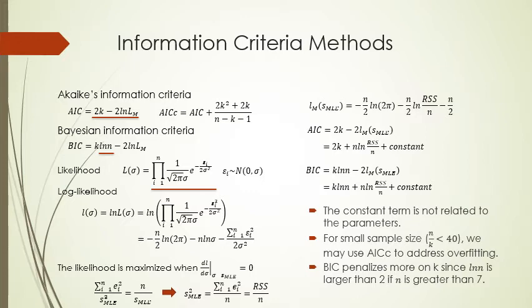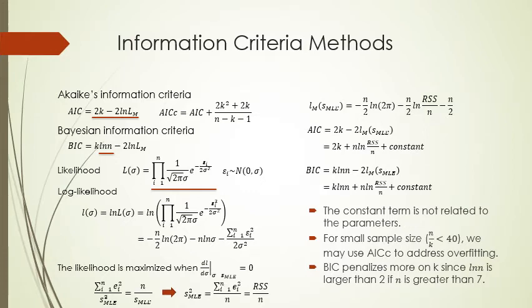For small sample size, n less than 40 times k, we may use AICC to address the overfitting. AICC is a second-order estimate, and it equals AIC if the sample size n is large enough.